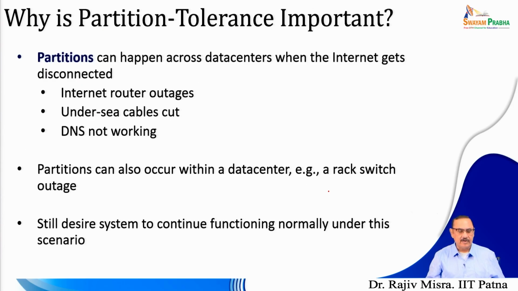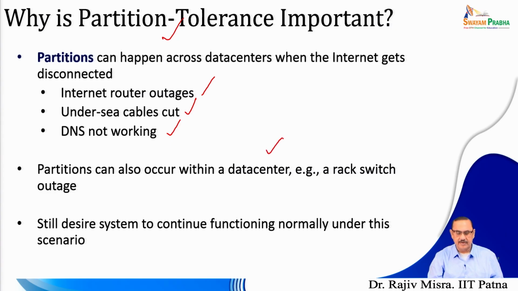Now, the third important factor is called partitions. A partition can happen across data centers when the internet gets disconnected. That is called internet router outages, undersea cable cut, DNS not working; all of them are going to cause partitions across the data centers.